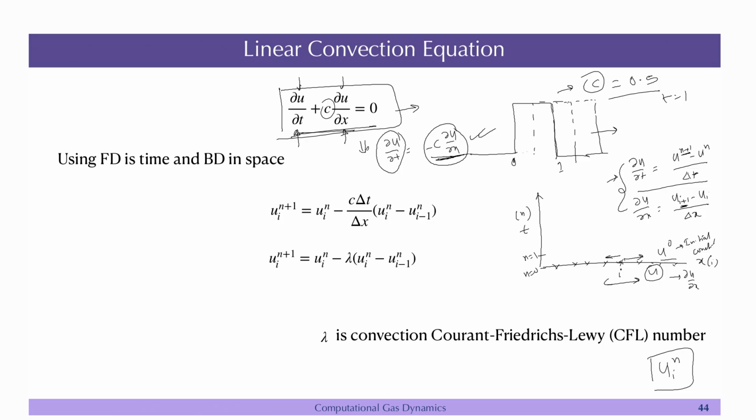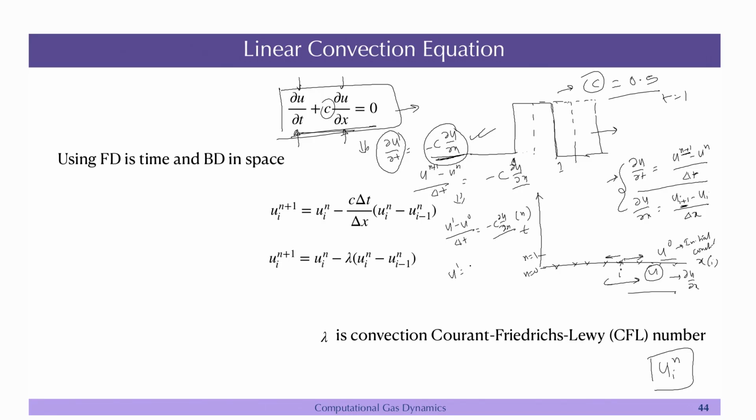If you know this value, you can write u n plus 1 minus u n by delta t is equal to minus c du by dx, which you can calculate using your favorite approach, and then you just multiply this with delta t and add the previous time. So, if you want to go to the first time step, this will be u 1 minus u 0 by delta t is equal to minus c du by dx, let us say it is known.